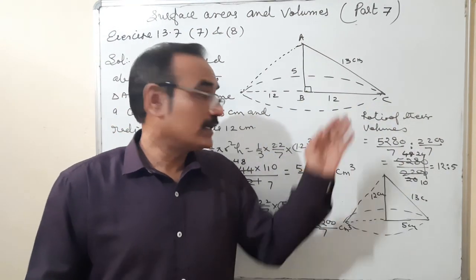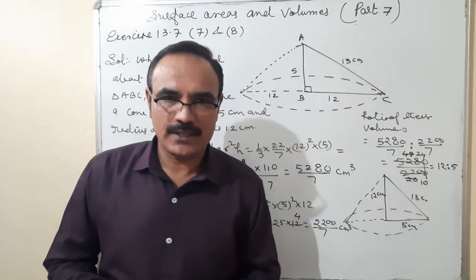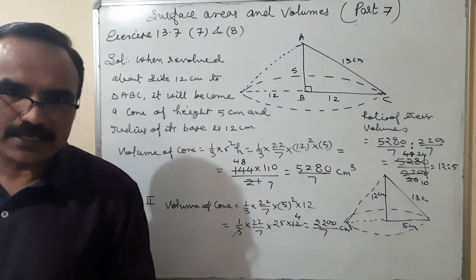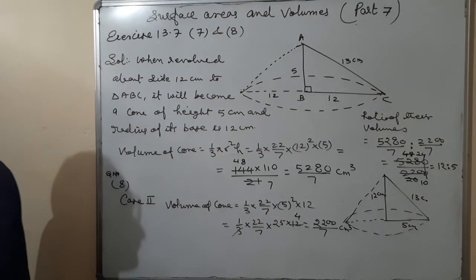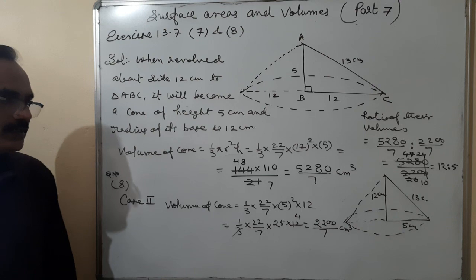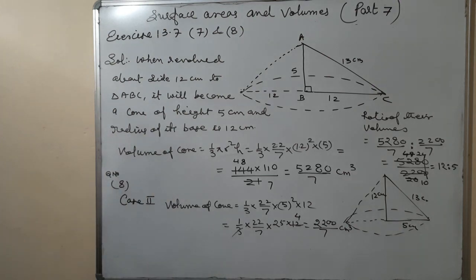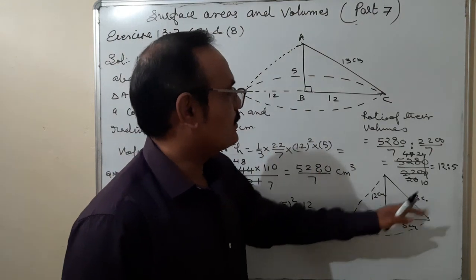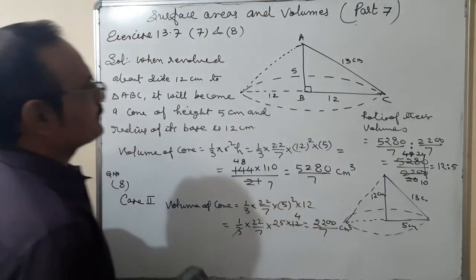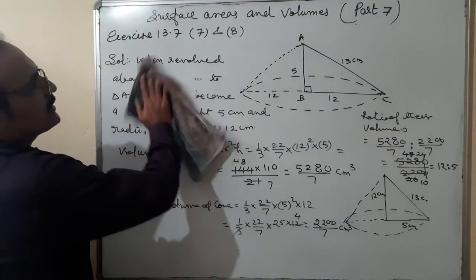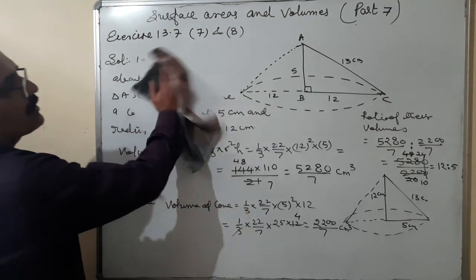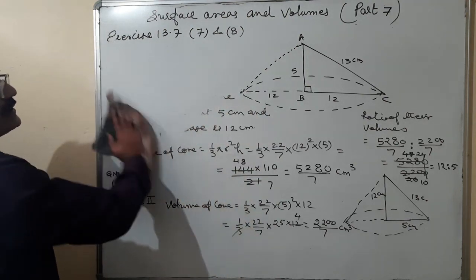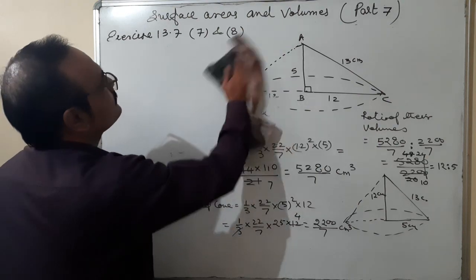When we are exchanging the radius and height, the radius is greater, which means its volume is greater. So the volume ratio is 12 ratio 5, which is in the ratio of the side, height and radius.